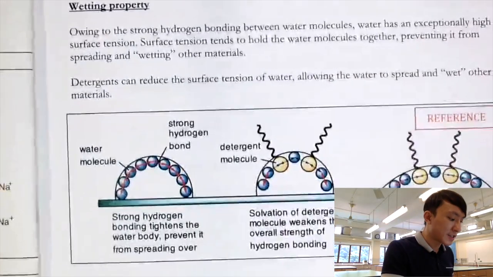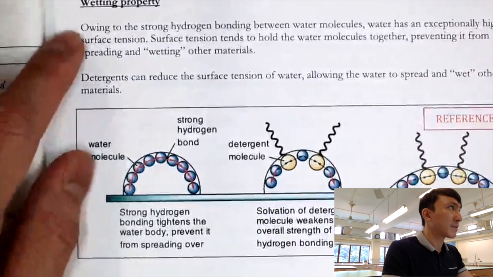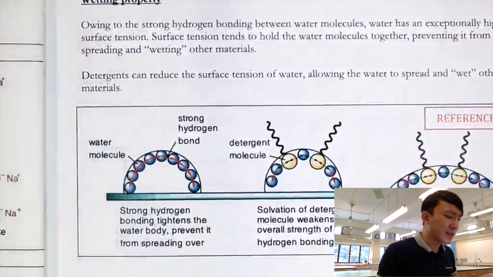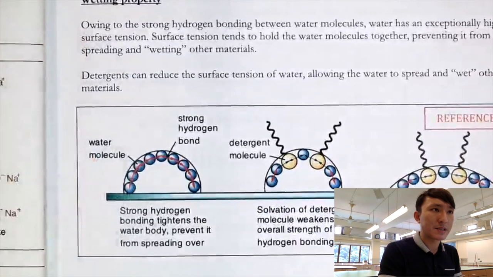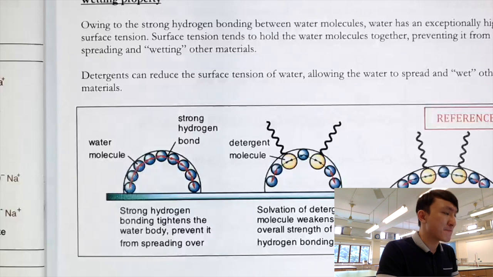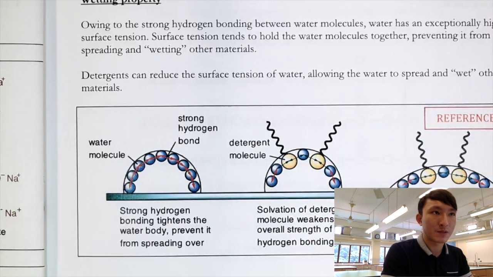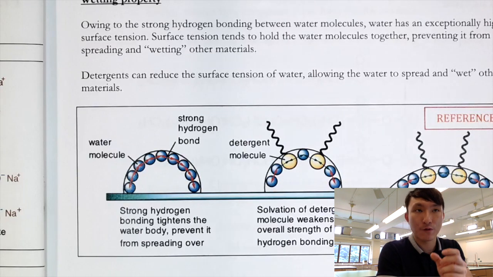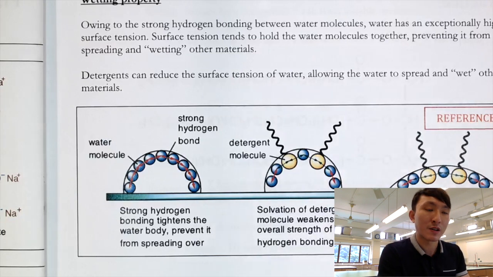So on the right hand side, the wetting property. What do you mean by wetting property? Does it mean it makes something wet? Now the idea is a little bit different. You can imagine during the dawn, early in the morning, the weather is kind of humid, so you may have seen some water droplet form on a leaf.